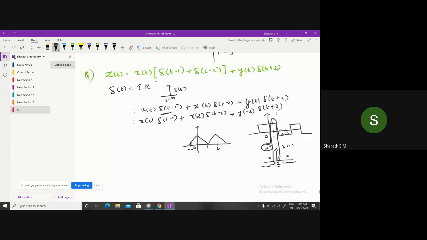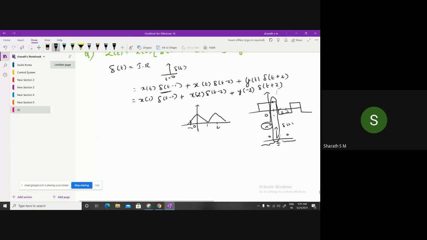So this can be written as z of t. We have an impulse response at t is equal to 1, that can be written as x of 1 into delta of t minus 1, and it is going to pick the amplitude level at t is equal to 2, that is x of 2 into delta of t minus 2, and it is going to pick the amplitude level at t is equal to minus 2, that is y of minus 2 into delta of t plus 2.